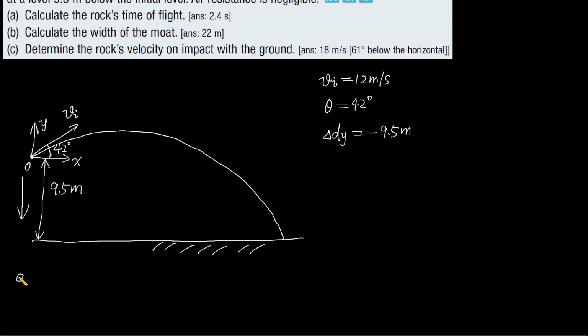Now question A. It asks for the time of flight. So it's the time interval, and we start from here. We know this formula: the final vertical velocity squared equals the initial velocity multiplied by sin theta, squared, minus 2 multiplied by acceleration g multiplied by the vertical displacement.